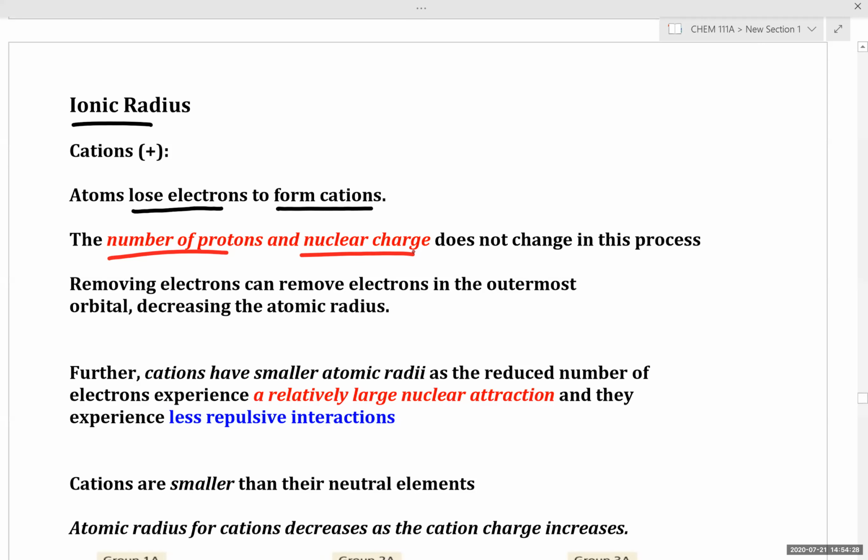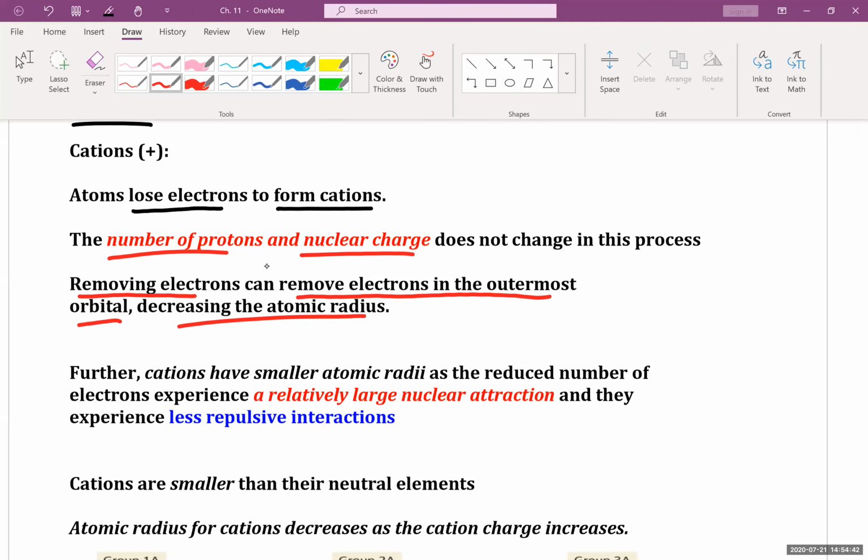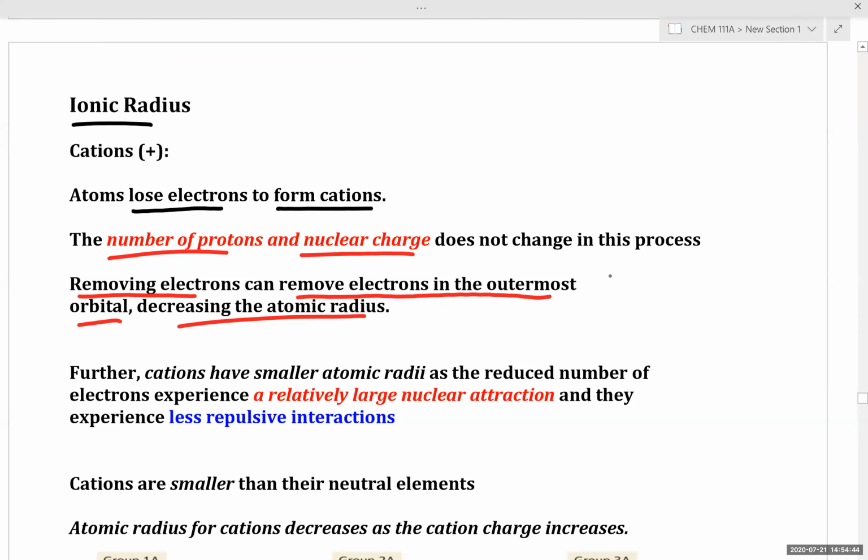Now, removing electrons has two major effects. First and foremost, removing electrons can remove electrons in the outermost orbital, decreasing the atomic radius. So for example, in sodium, we have an inner shell, and then we have this outer shell containing our 3s orbital with one electron. And this is our inner shell of, let's just say, neon.